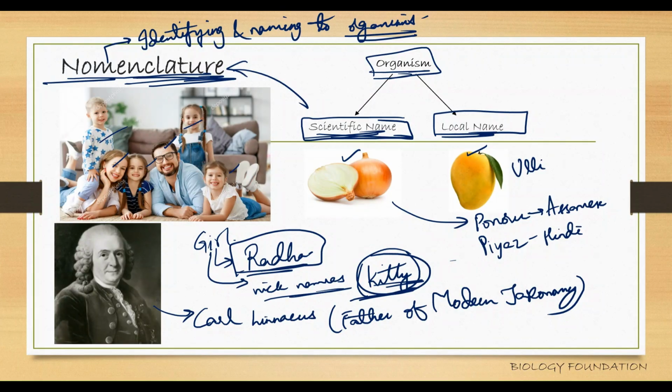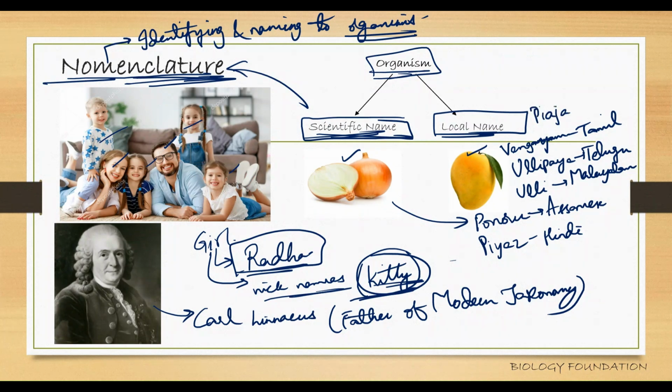It's called Ulipaya in Telugu, Ulli in Malayalam, Vengayam in Tamil, and Piaja in Oriya. So the same plant, onion, has several local names.